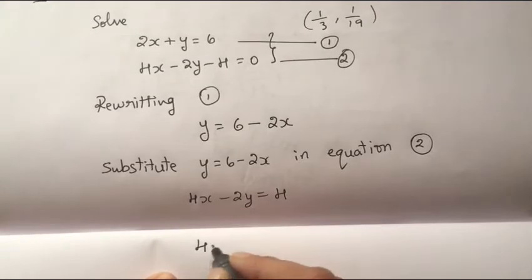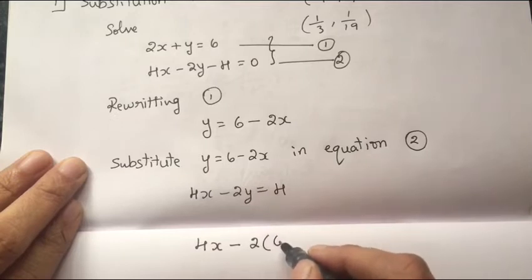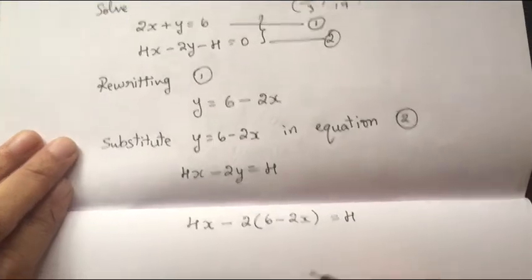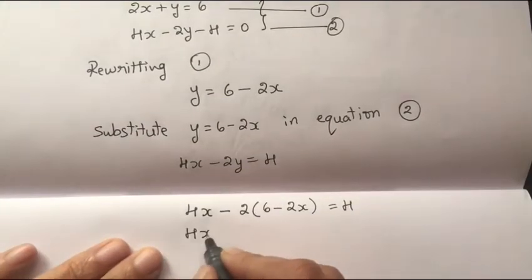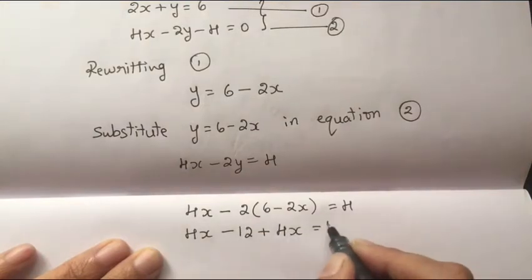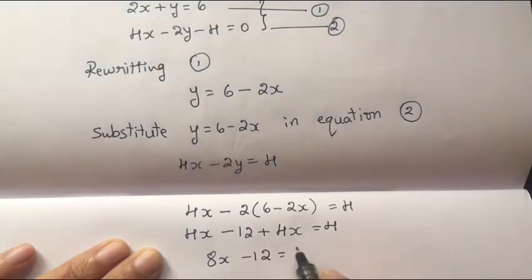So 4x minus 2 into (6 minus 2x) equal to 4. Simplify: 4x minus 12 plus 4x equal to 4. Then 4x plus 4x is 8x minus 12 equal to 4. 8x equal to 4 plus 12, that is 16, and x equal to 16 by 8, which is 2.